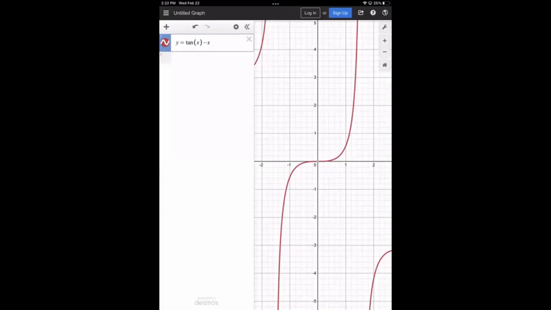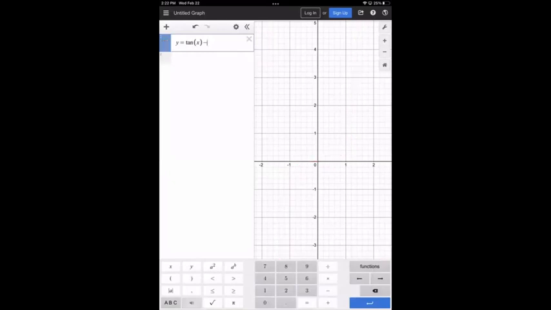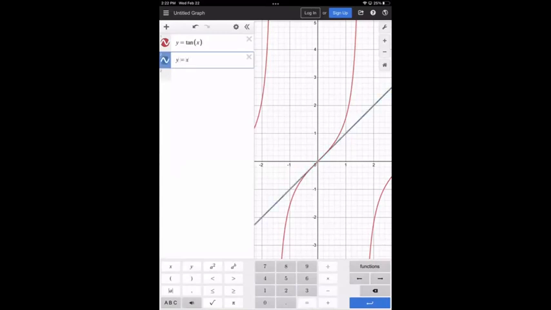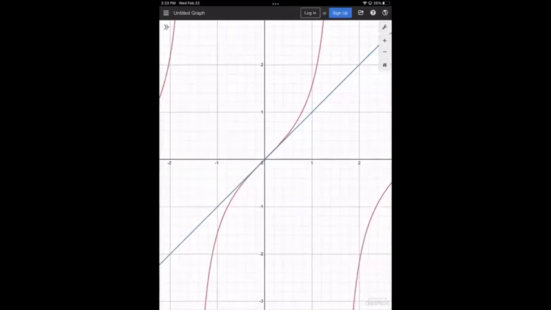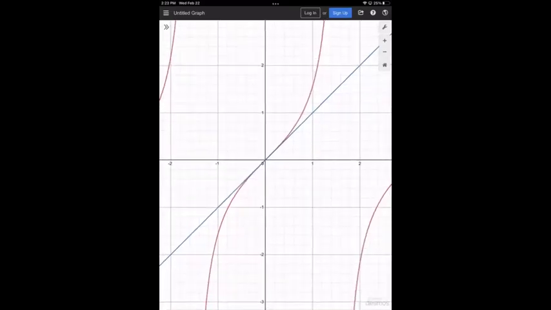Notice that this is different from the graph of y equals tangent of x, right? We could have done it this way. We could have graphed y equals tangent x, and then graphed y equals x. But we're a little bit more out of luck with this tool if we do that. We have to figure out a way to measure between the red curve and the blue curve in these zones, right? And I think we remember that it was about 0.63 if I can get a point on this curve.